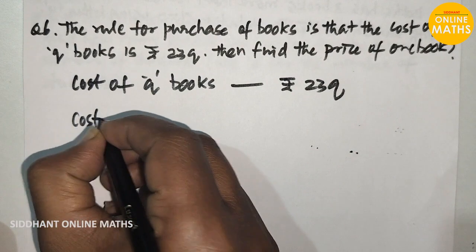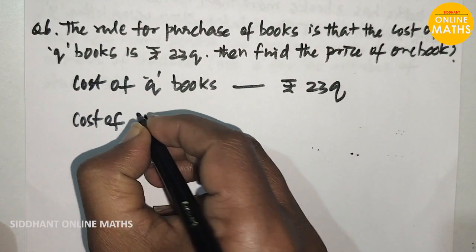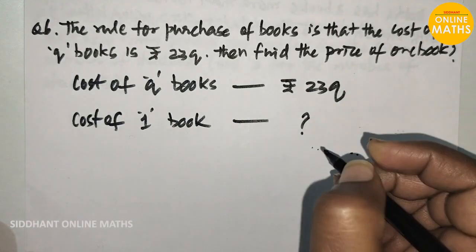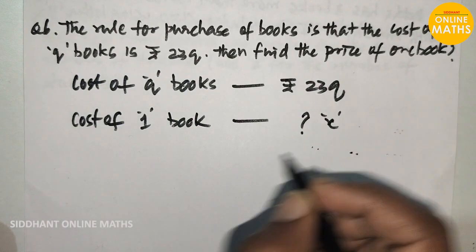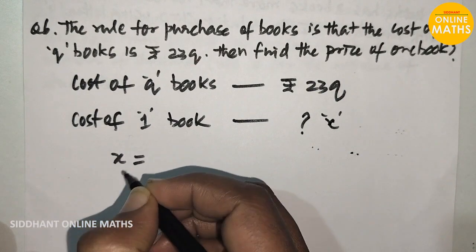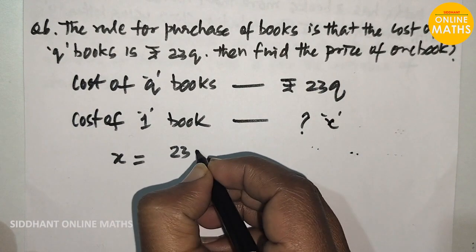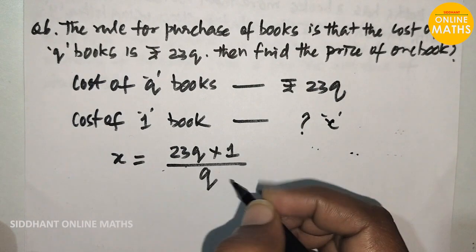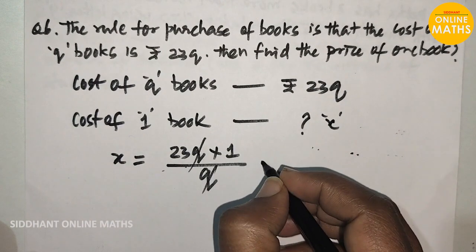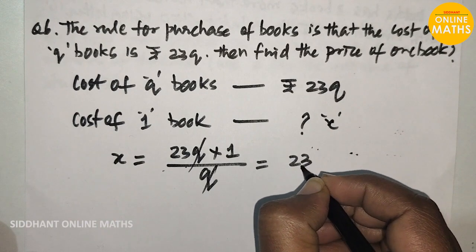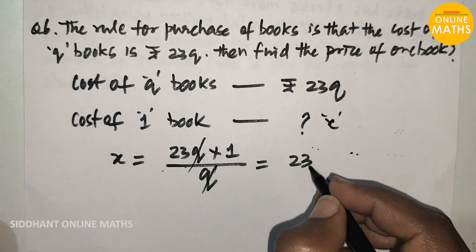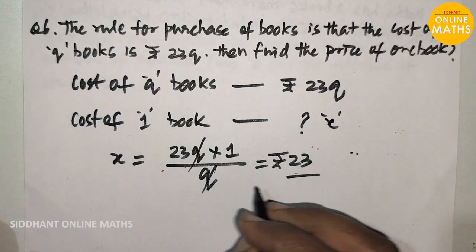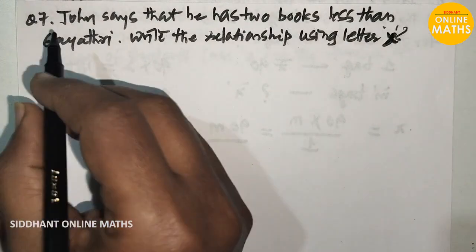Then cost of 1 book, how much? Say it as x. Then x is equal to 23Q into 1 by Q. So here Q cancel, then you get answer 23. Price of 1 book is 23 rupees here.